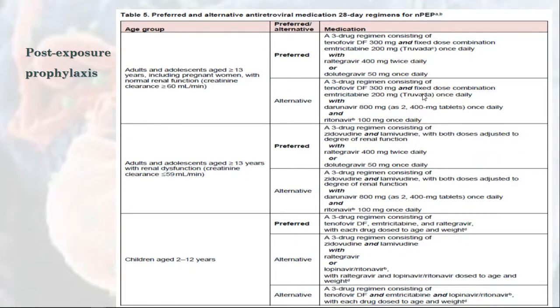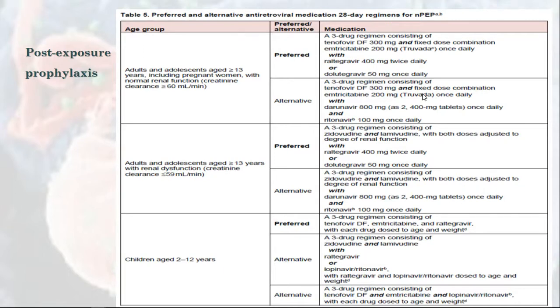Post-exposure prophylaxis is given for adults and adolescents that are greater than the age of 13. So the preferred method or preferred alternative will be a 3-drug regimen consisting of Truvada, raltegravir, or dolutegravir once daily.